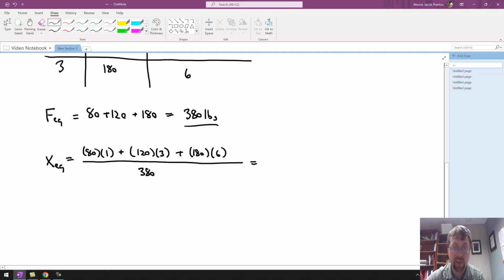Alright, so if I run those numbers through a calculator, I get an X_EQ of 4 feet. So actually a pretty even number.